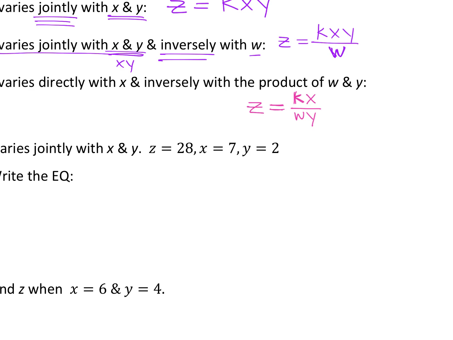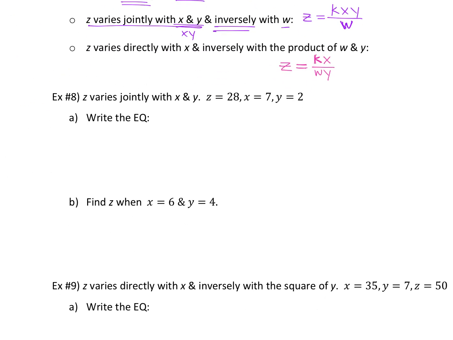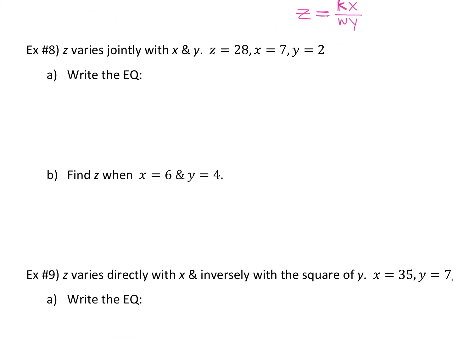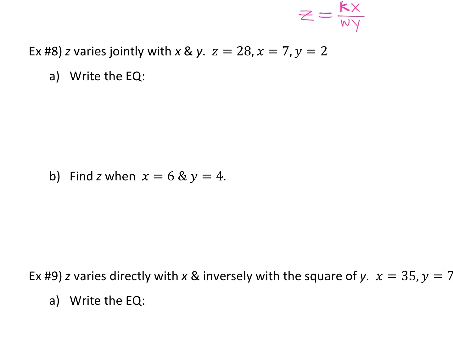Okay. Last few here. So this one says z varies jointly with x and y. So you should be able to write up a general equation for me. I'm going to write it over here because it's not our actual equation yet because they're giving us numbers. So we're going to plug numbers in.